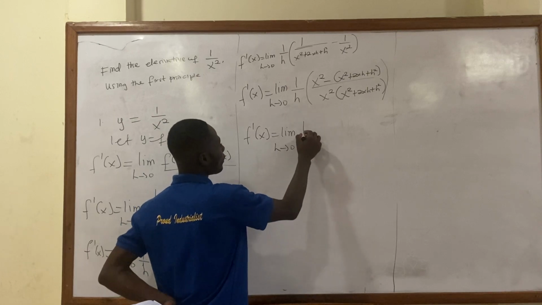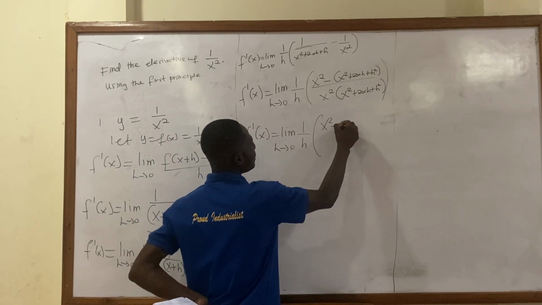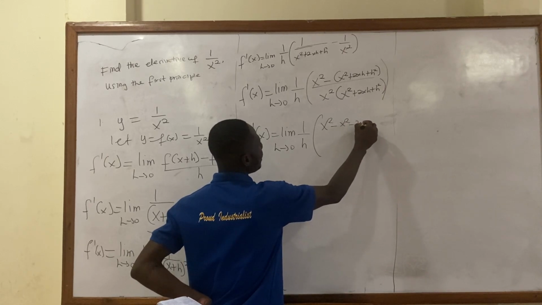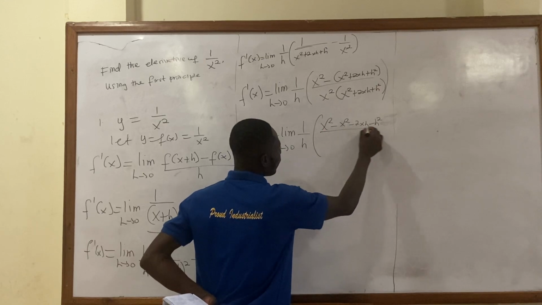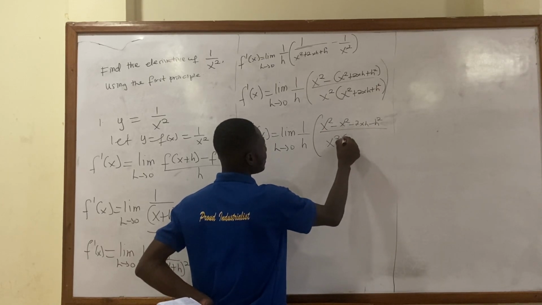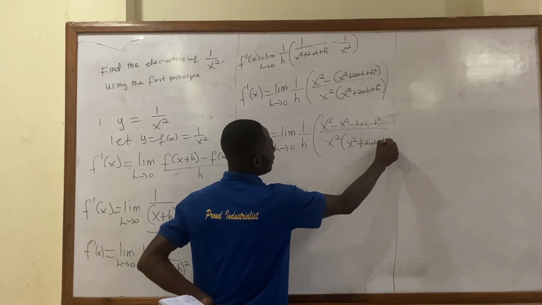Then we have 1 over h, x squared minus x squared minus 2xh minus h squared, all over x squared into x squared plus 2xh plus h squared.